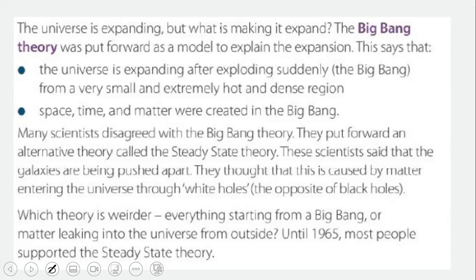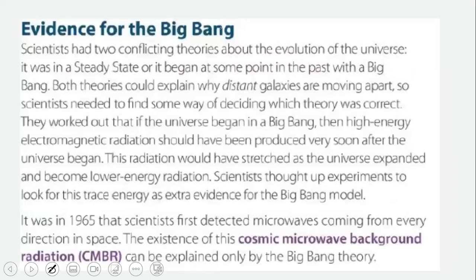The theory states that the universe is expanding after exploding suddenly from a very small and extremely hot and dense region. From that there was a sudden explosion, and that explosion created space, time, and matter, and that is how our universe was formed.